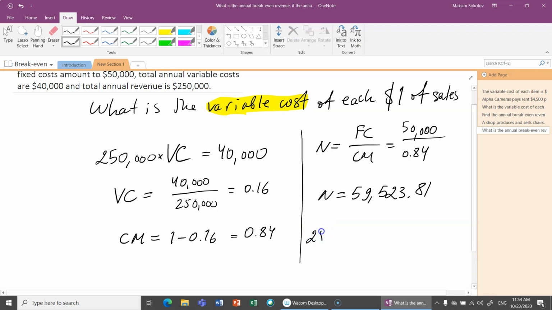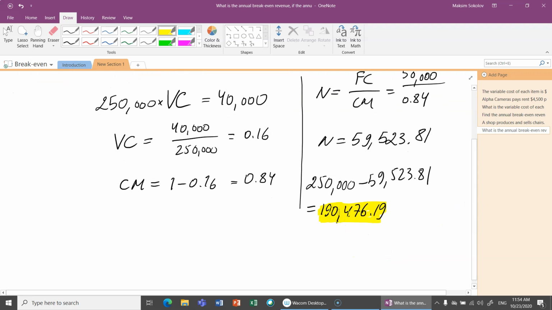So that many dollars will be 250,000 minus 59,523.81, which is 190,476.19. Once again, this number, 190,476.19, is how many dollars the business can still sell to make their net income.